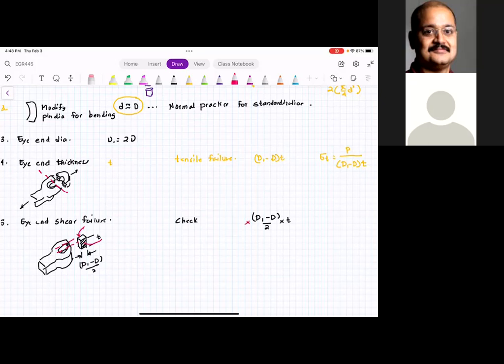So this needs to be multiplied by 2. So you have to find out tau equals P divided by (D1 minus D) times T.